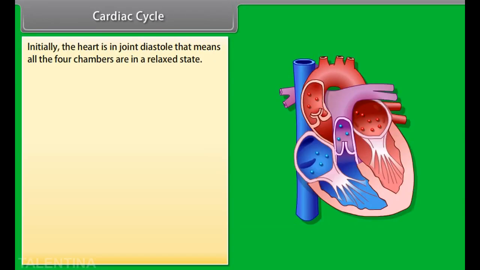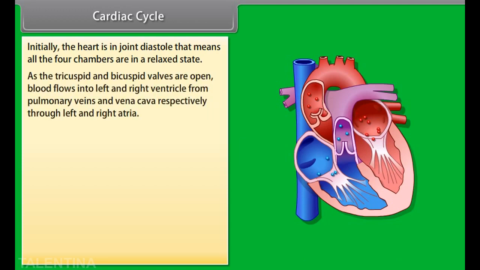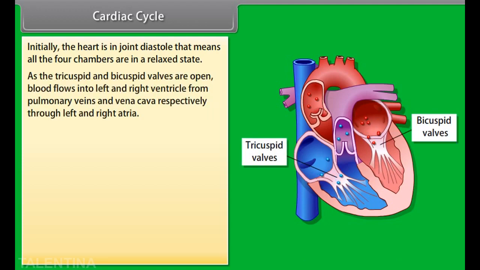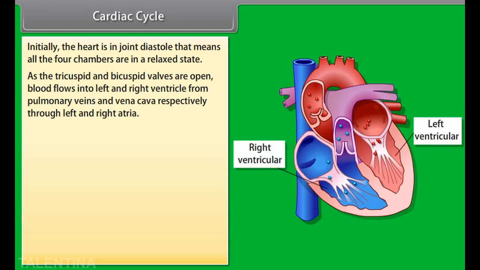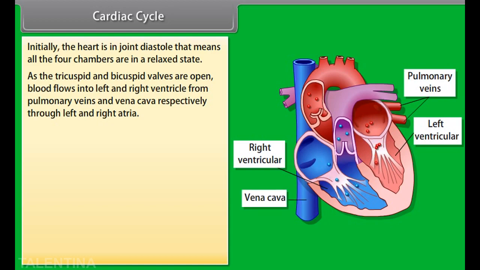Cardiac cycle. Initially, the heart is in joint diastole, that means all the 4 chambers are in a relaxed state. As the tricuspid and bicuspid valves are open, blood flows into left and right ventricle from pulmonary veins and vena cava respectively through left and right atria.